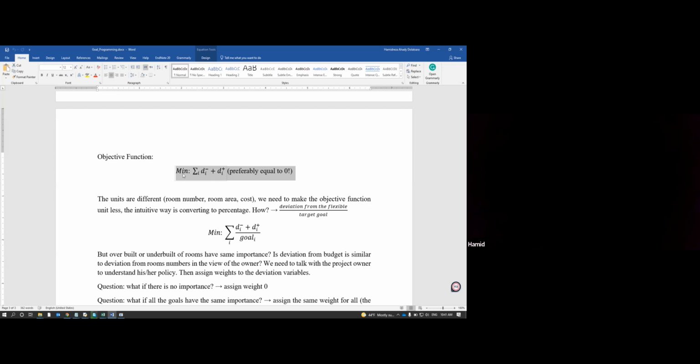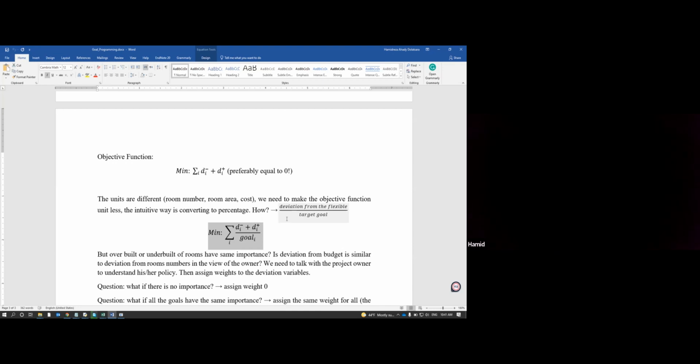So here I have minimization of the summation of D minus, or underbuilt, and D plus, overbuilt, divided by goal. So the value would be a coefficient of deviation. The value won't be dollars or area or number of rooms.